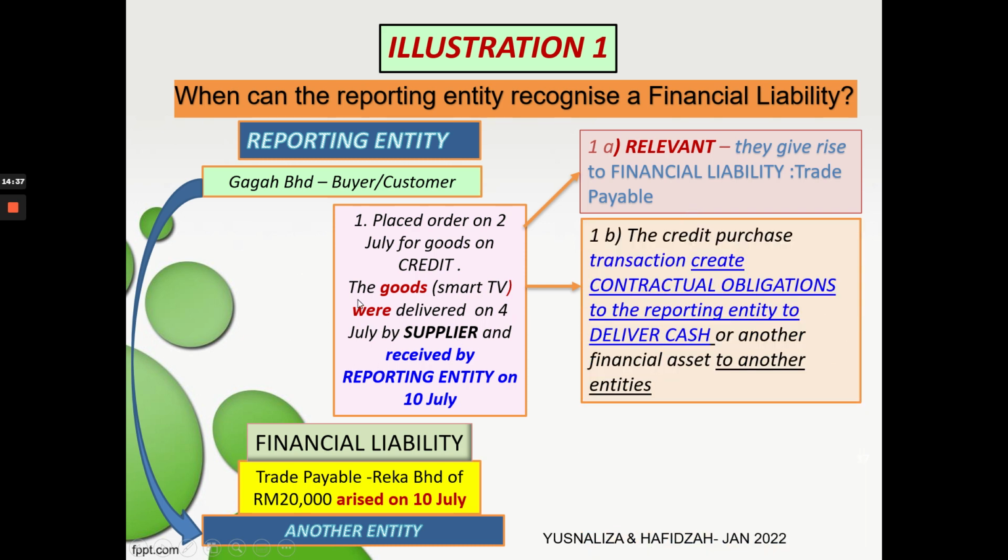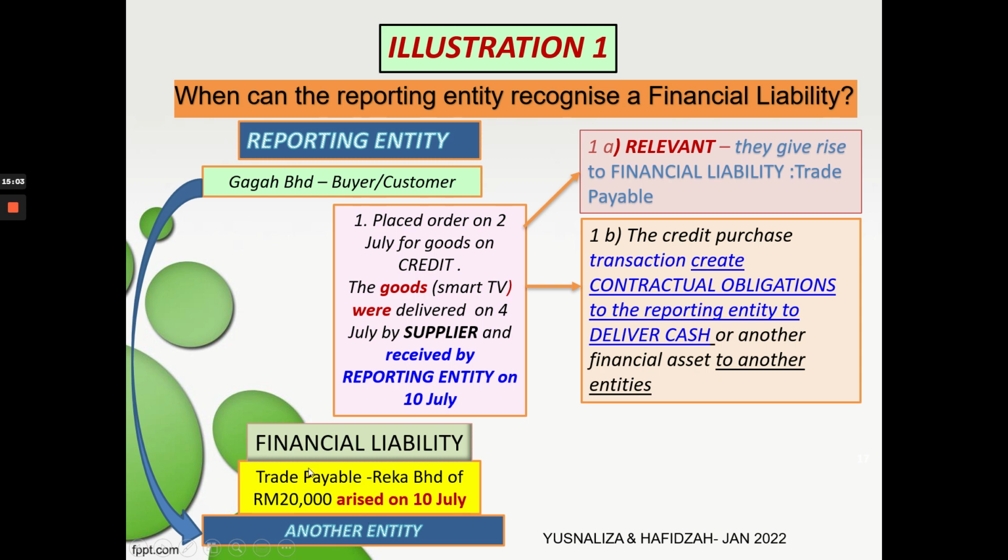And the credit purchase transaction, because the goods that were ordered were delivered and received, gives rise to the contractual obligation on the day the goods were received by our entity, the reporting entity. It gives rise to a contractual obligation to us, the reporting entity, to deliver cash or another financial asset to another entity.